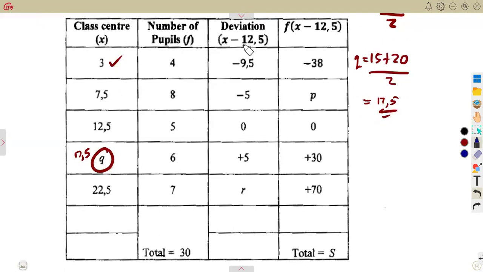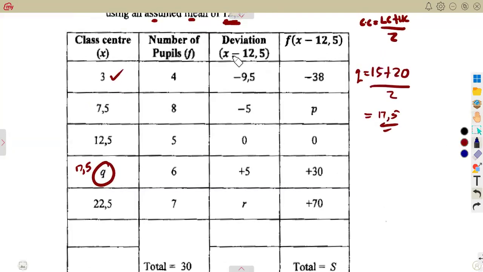So this part is the deviation, the D. Remember from our deviation concept. So here they are simply saying F times D: frequency times deviation. You multiply frequency by the deviation, you get this.